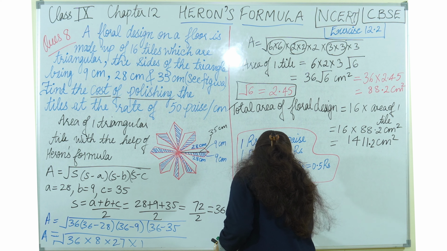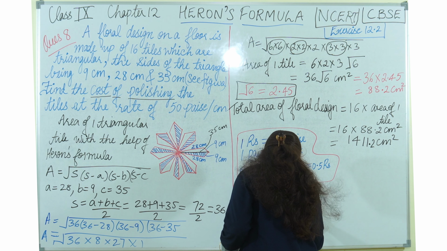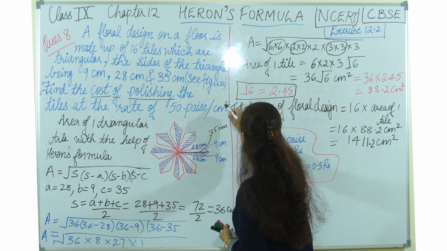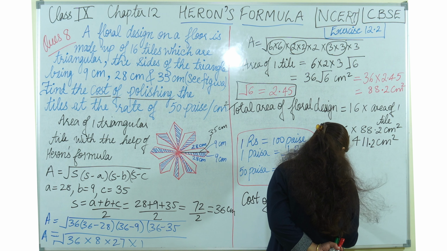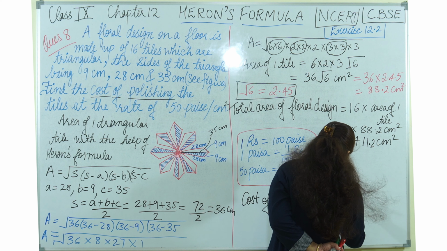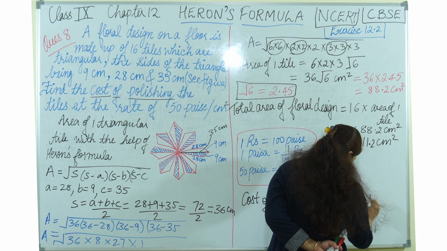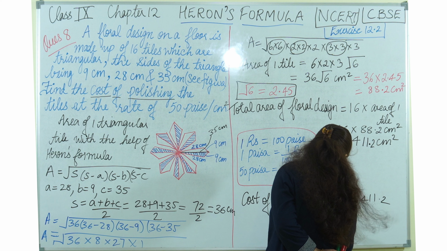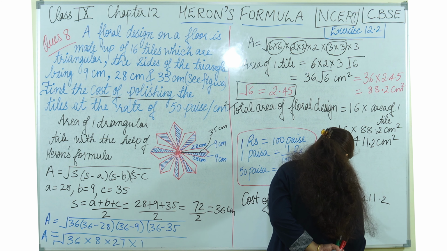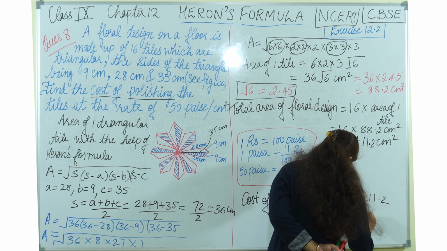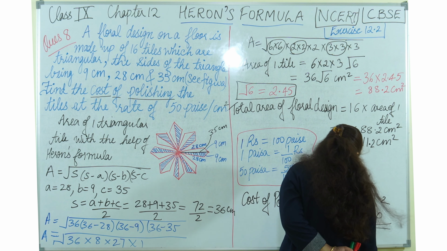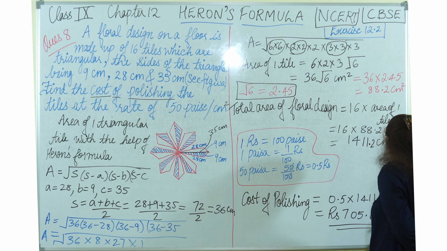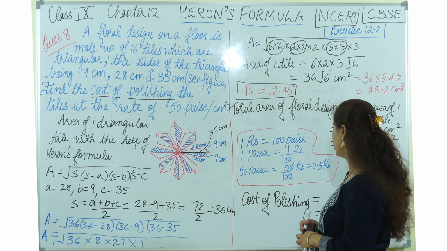So the cost of polishing will be equal to 0.5 into 1411.2. That would be equal to rupees 705.60, and this is our answer.